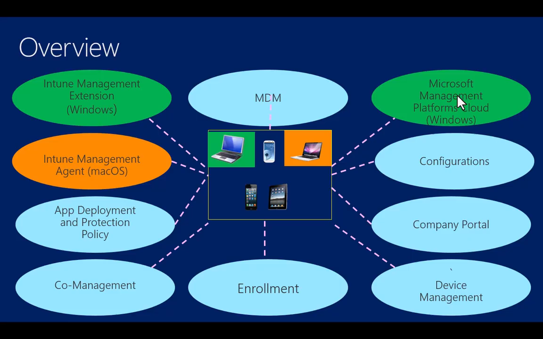To pick some rough numbers, 80% of the things that we do in Intune are going to be delivered by MDM, speaking on Windows devices. Another roughly 15% will be delivered by the Intune Management Extension. And right now, about 5% will be delivered with MMPC. Now, this is an evolving area. We'll talk more about it as we get to each one of these, but that's true for Windows.